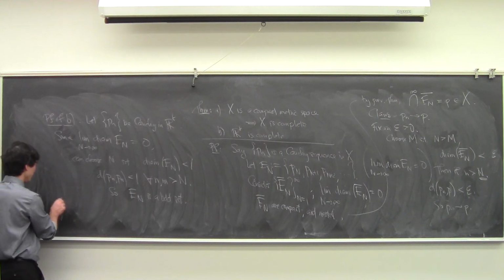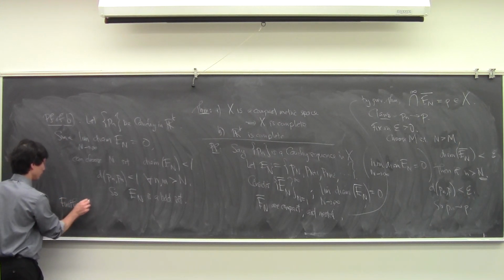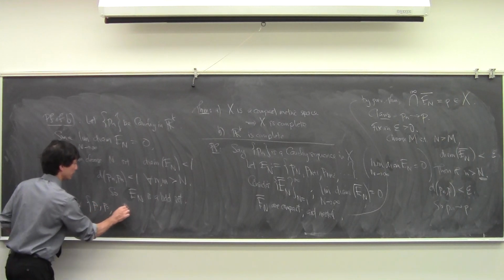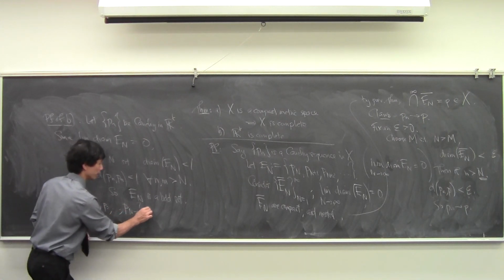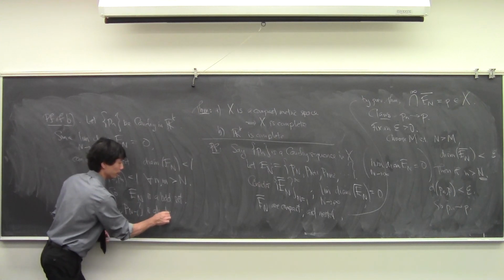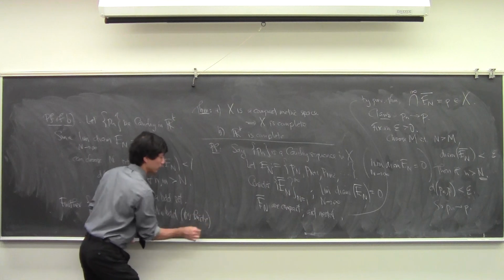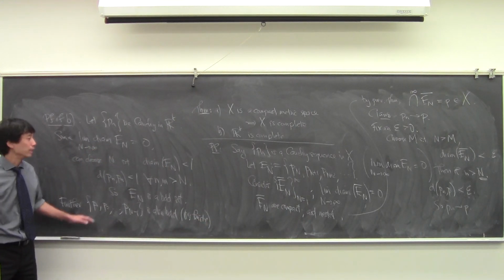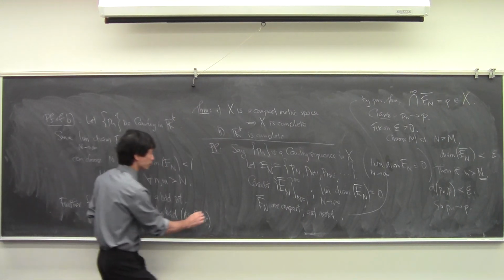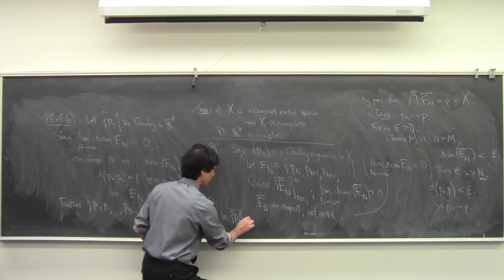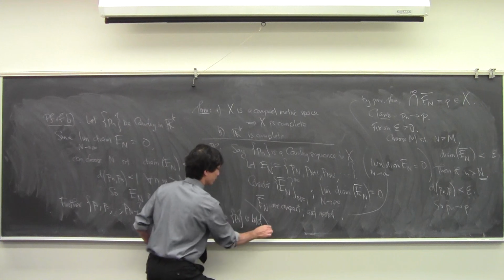And then further, p_1 through p_{N-1} is also bounded because it's finite. So being Cauchy implies that you're bounded.